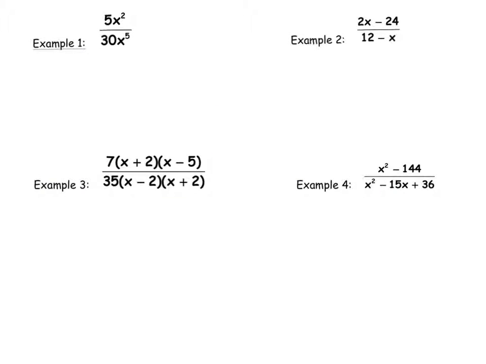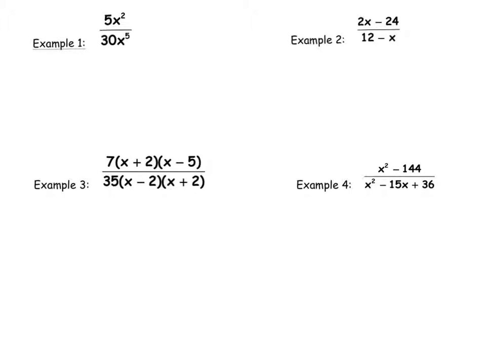All right, let's take a look at example 1. We did something similar to this in the Day 2 notes: 5x squared divided by 30x to the 5th. Whenever we simplify, we want one reduced fraction, and we want just one of each variable.